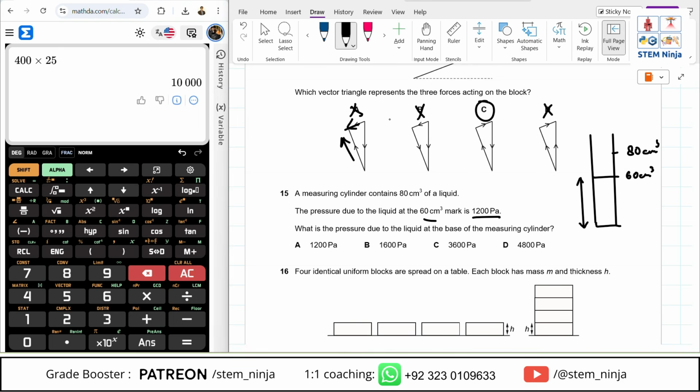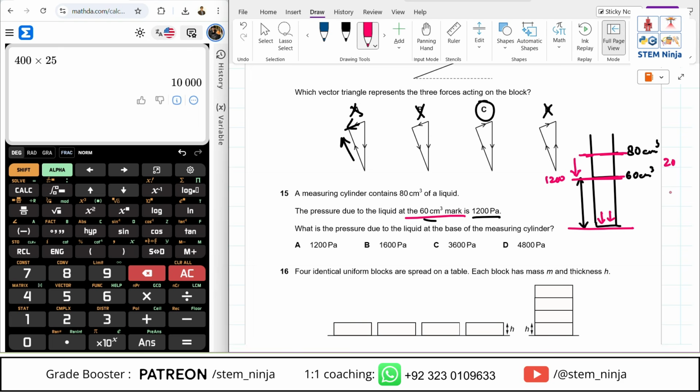Sorry, my bad. I misunderstood the question. It says due to the liquid at this mark. So at this mark, the pressure due to the liquid is 1200. So this means that we need to figure out what's the pressure acting at the base of this. So from the 80 at this point it's 1200, so this was just a difference of 20.